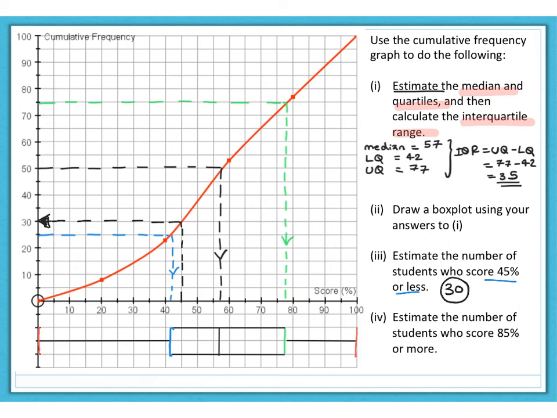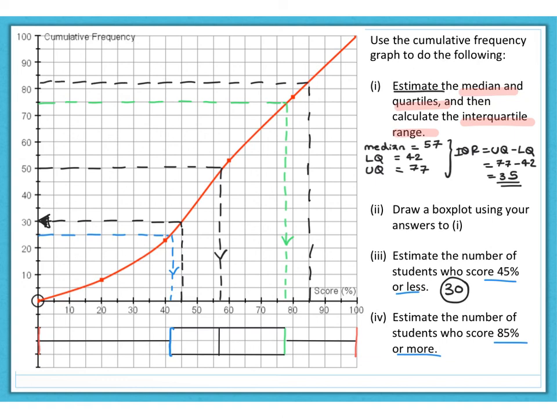Now we want to estimate the number of students who score 85% or more. Again, using the graph, I'm going to find 85% on the x-axis where the score is, and I'm going to very carefully, and again with a ruler, track my way up to the graph, and then track my way across again using a ruler and drawing this onto my graph to show my working.